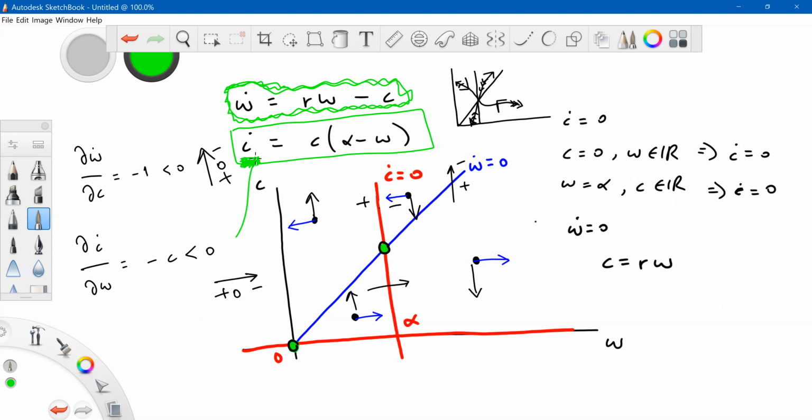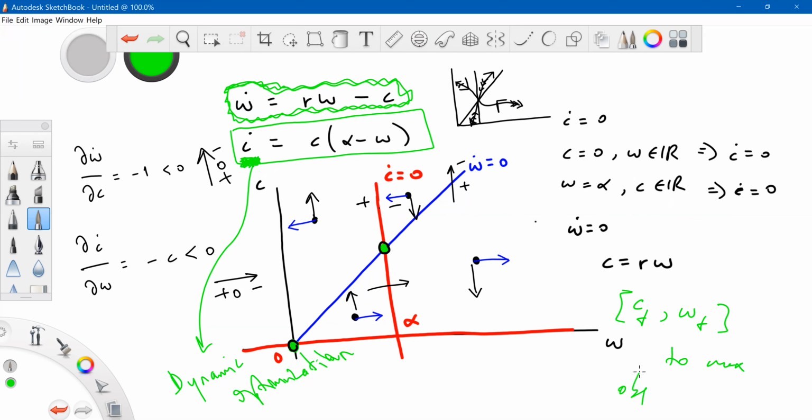That will require dynamic optimization. Okay? So the consumer will choose a path of consumption and wealth to maximize some objective function.